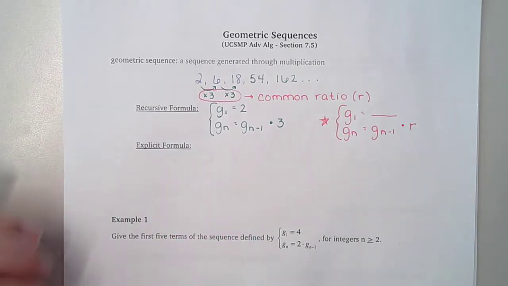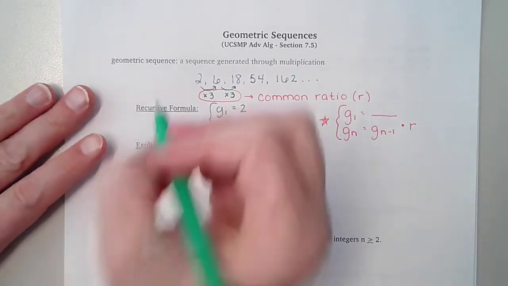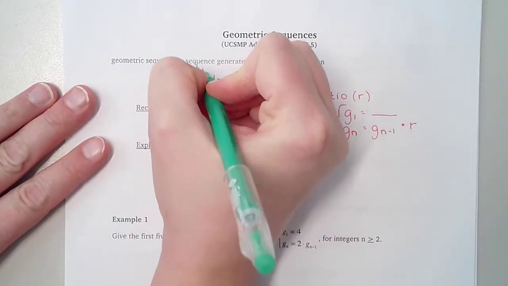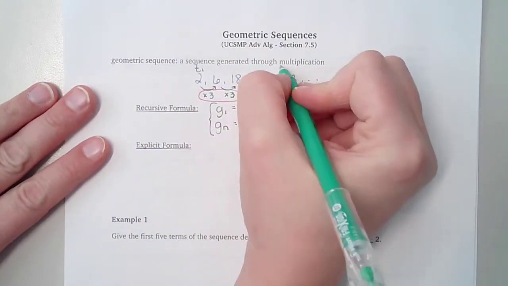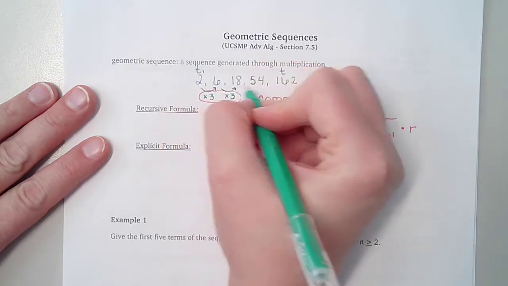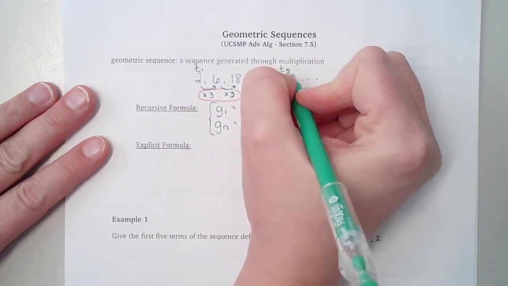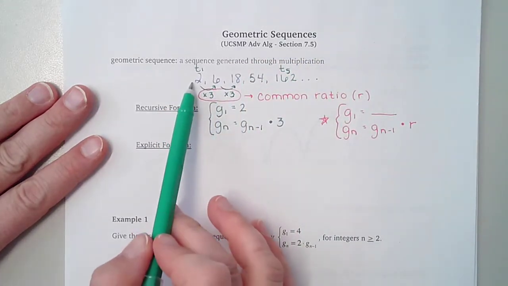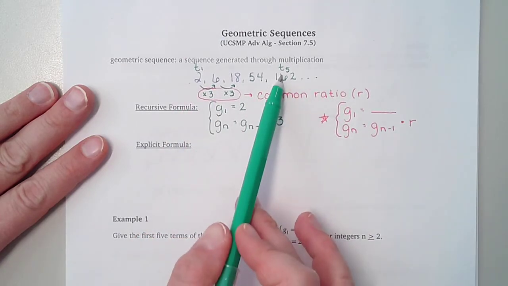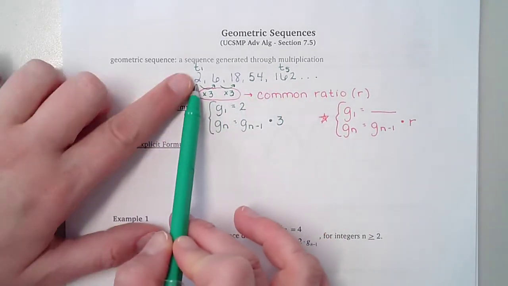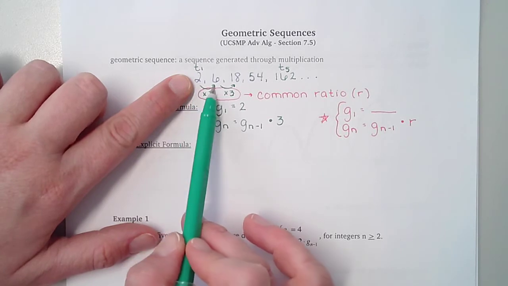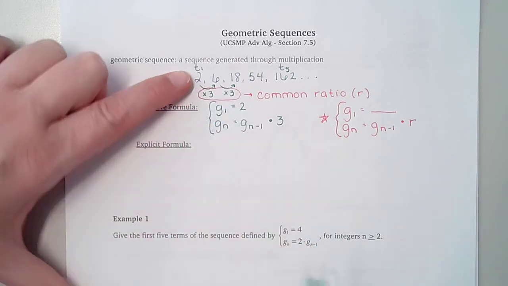So let's think about this for a second, and I'm going to go smaller than term 12. If this is term 1, and this is 1, 2, 3, 4, 5, term 5, let's think about how I could jump straight from term 1 to term 5. Well, I'm starting at 2, right? And I know that I'm multiplying by 3 repeatedly.